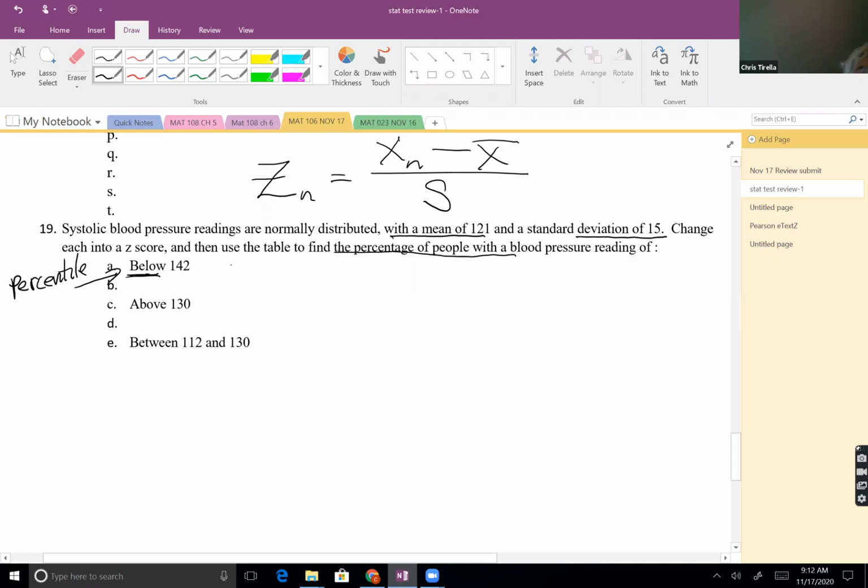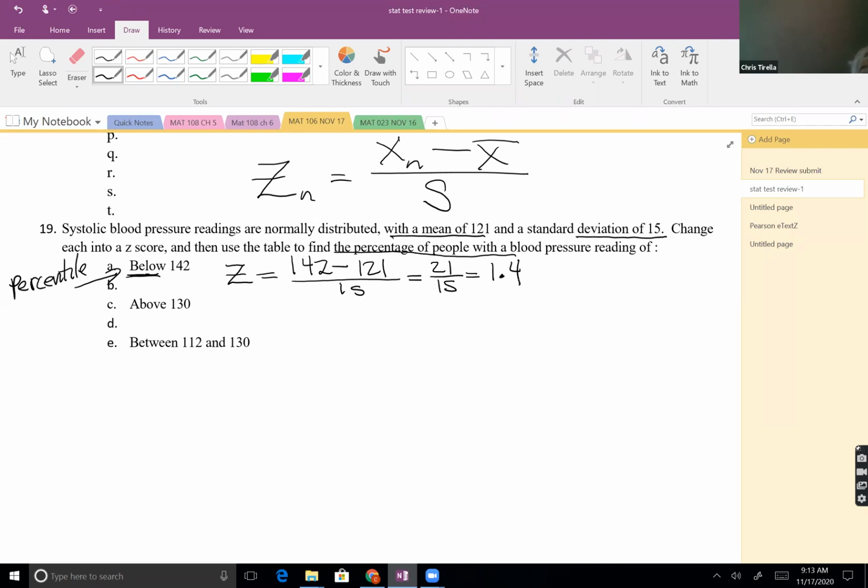So first, let's change that 142 into a z-score. 142 minus my mean is 121. My standard deviation is 15. That gives me 21 over 15, which is 1.4, I believe. Is everybody all right with that z-score?